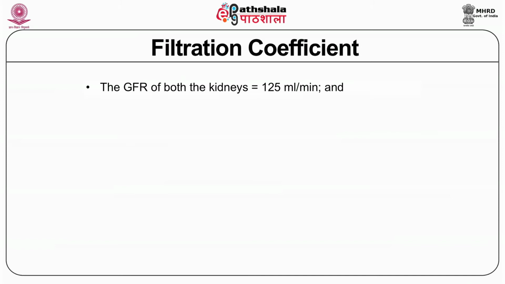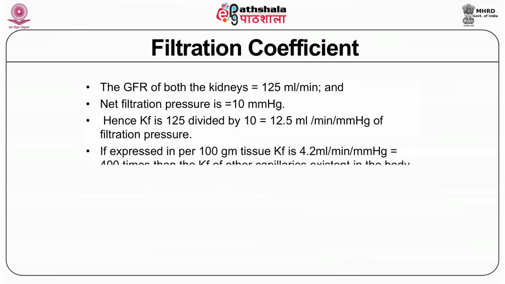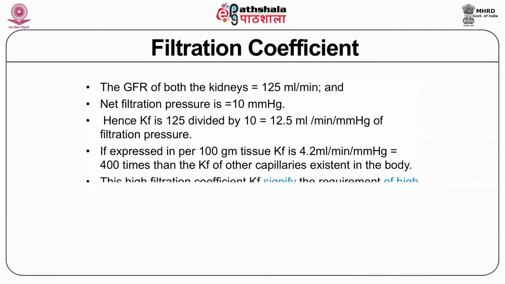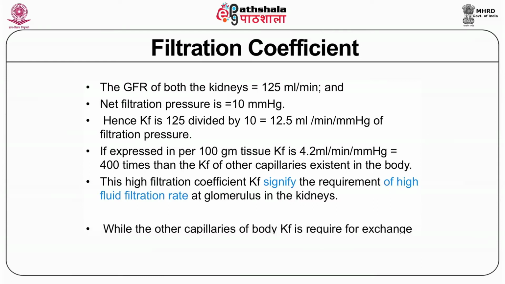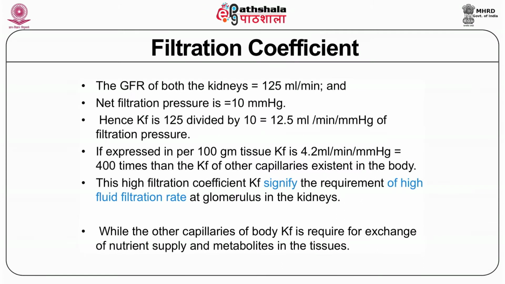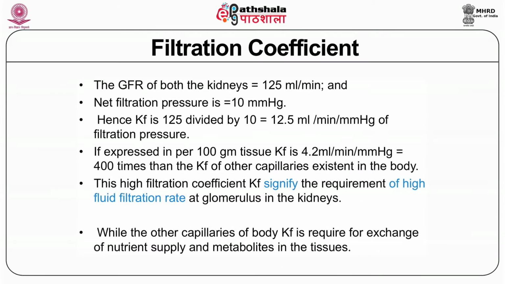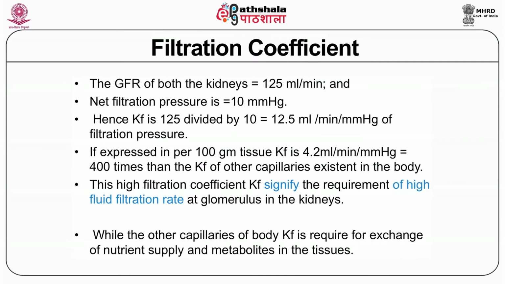The GFR of both the kidneys is 125 ml per minute, and the net filtration pressure is taken to be 10 millimeters of mercury. Hence, Kf, the filtration coefficient, is 125 divided by 10, which is 12.5 ml per minute per millimeter of mercury of filtration pressure. If expressed per 100 grams of tissue, Kf is 4.2 ml per minute per mm of Hg, which is 400 times that of the other capillaries in the body.